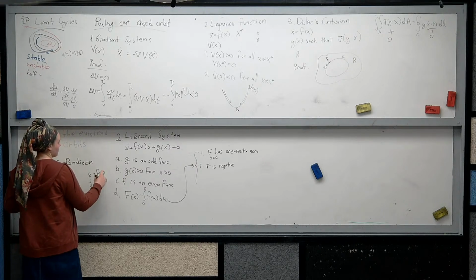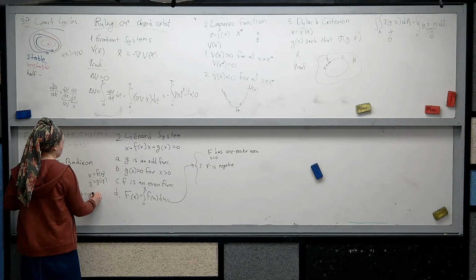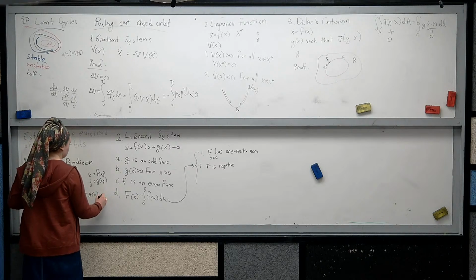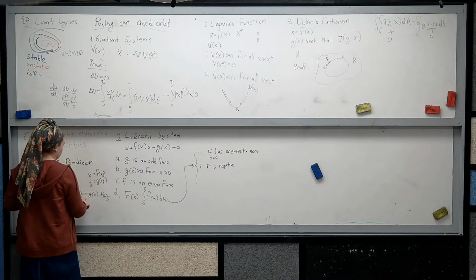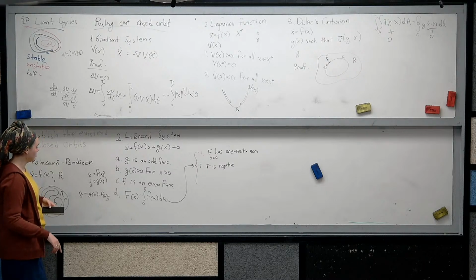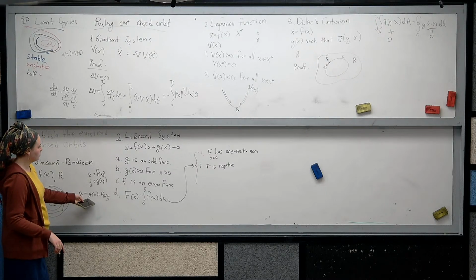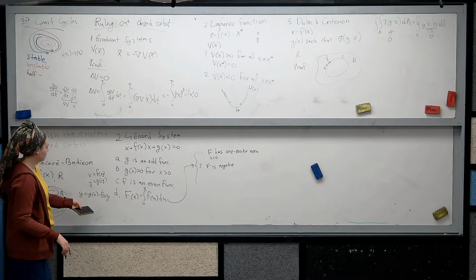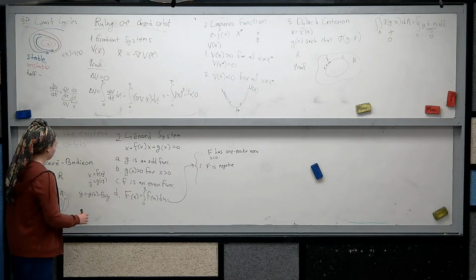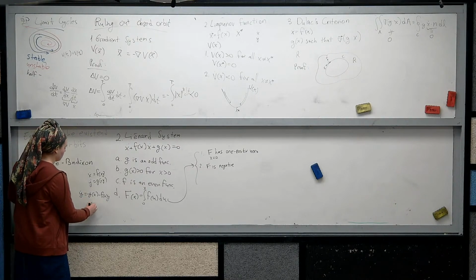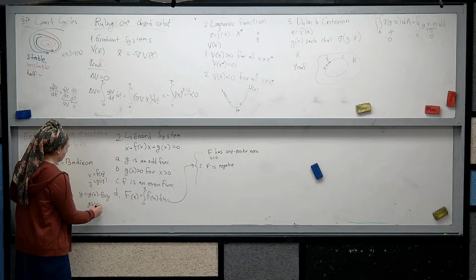y dot will be minus g(x) minus f(x) y. If g, I don't think so. Because if g is odd, this will flip. It will be g(x) and minus.